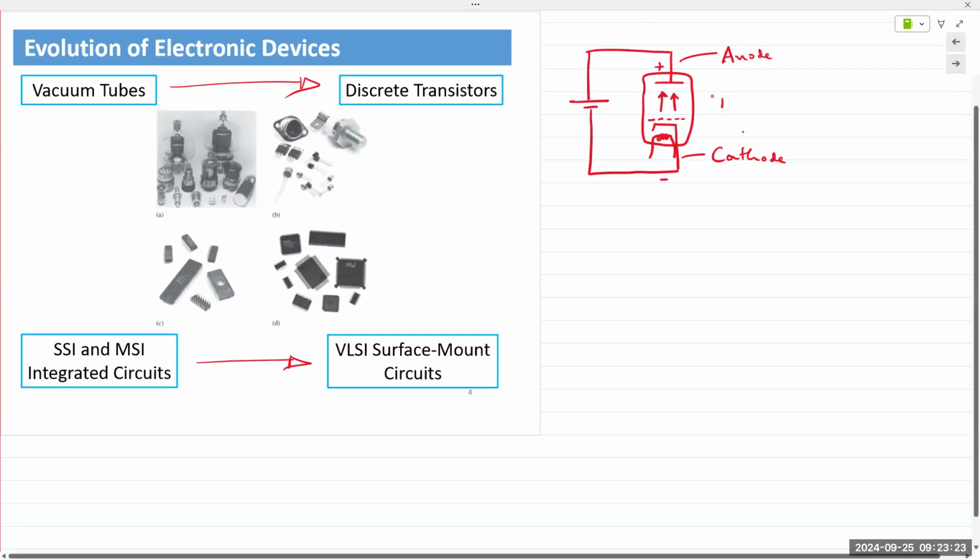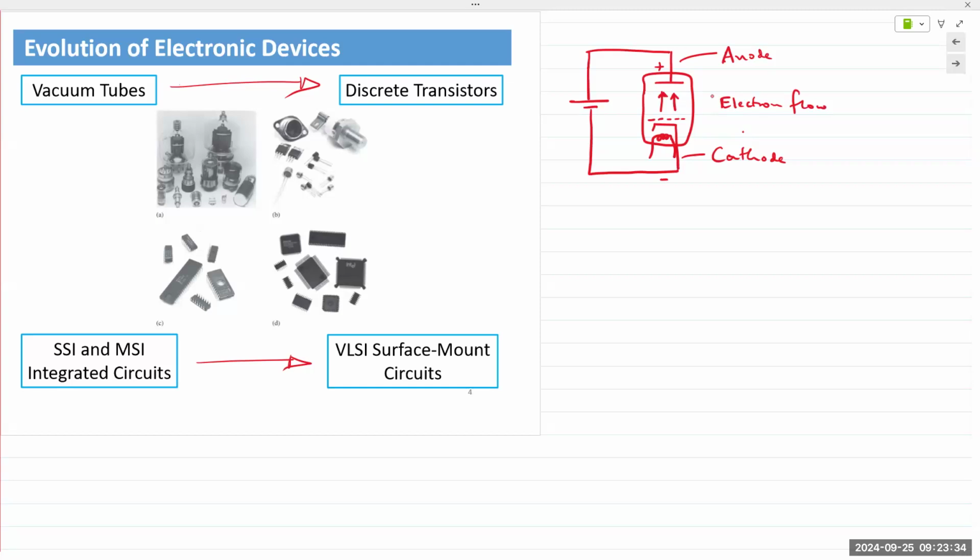And so that's the direction of the electron flow. And we say that the current is now flowing through the circuit because of the vacuum tube. You're able to control the flow of this current by the external energy source that is applied.